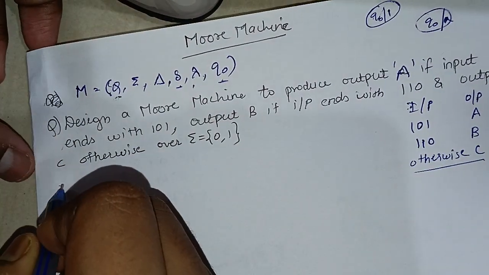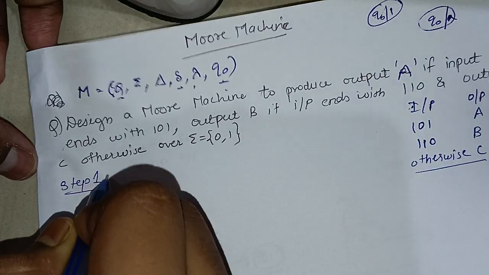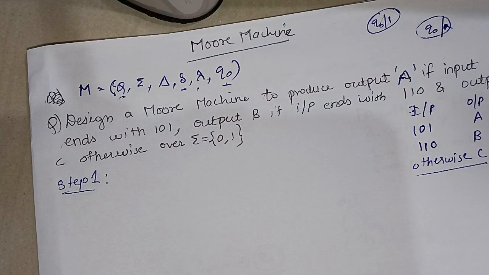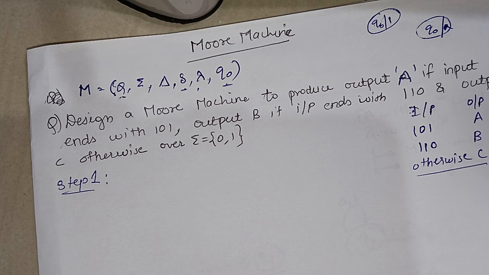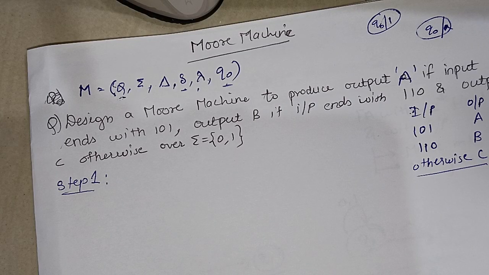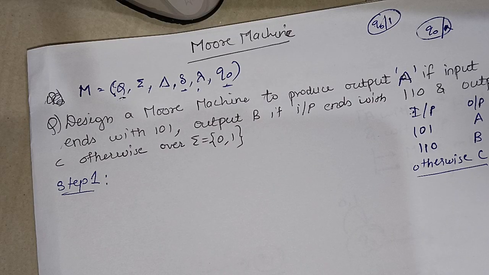Now see our step 1. In step 1, as usual we have to write the theory of the Moore machine. As I explained just now, in the machine theory you have to explain that it is a machine with a finite number of states and for which the output symbol at a given time depends only on the present state of the machine. We have to explain about the output sequence also, that if the length of the input sequence is n, then the length of the output sequence is n plus 1.